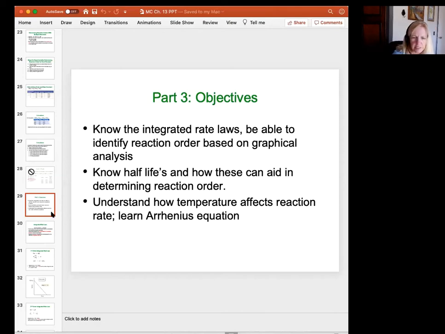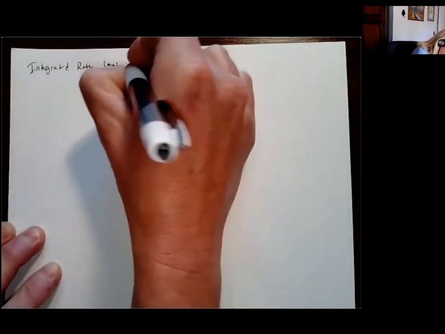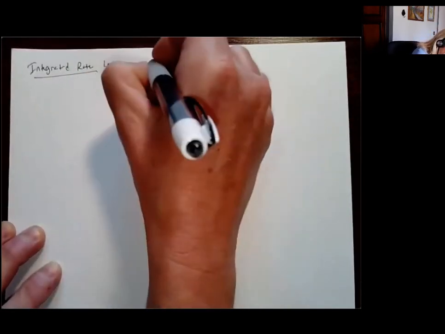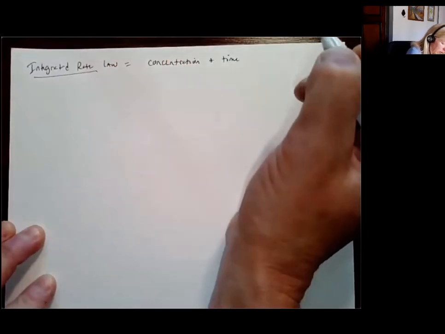If we look at the integrated rate laws, I'm going to go through this mathematical process with first order. My integrated rate laws factor in concentration and time, so I'm going to integrate these 2 components together.